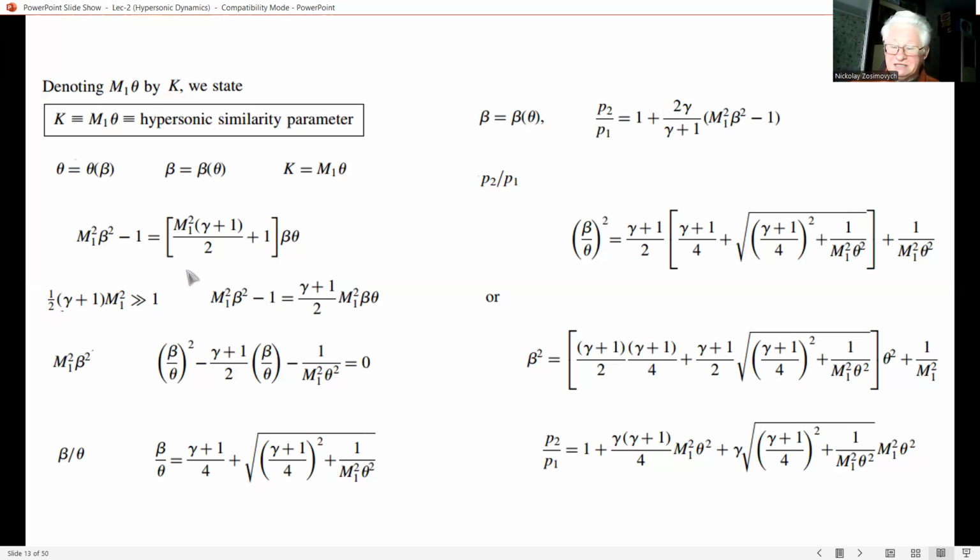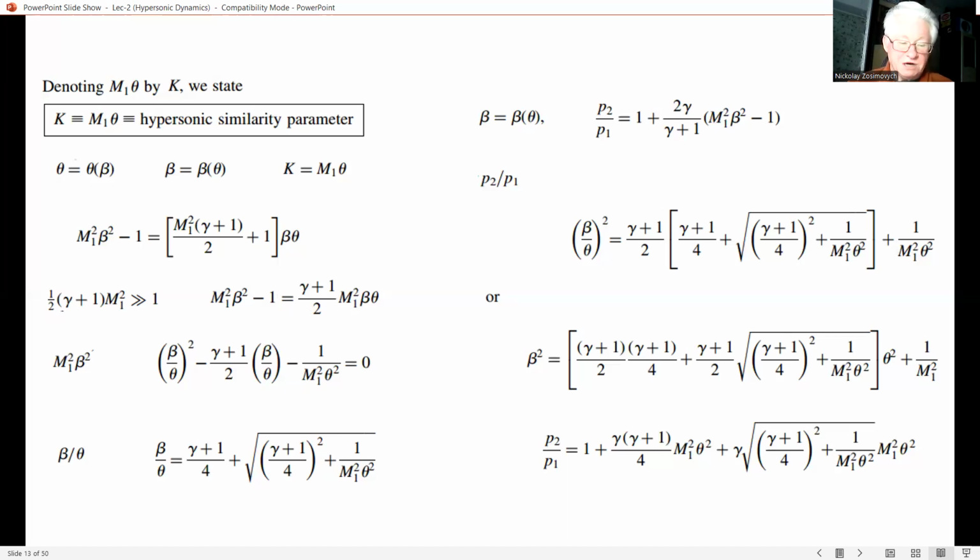With this expression on the left, we may write M1 squared times beta squared minus 1 is proportional to gamma plus 1 over 2 times M1 squared beta theta. And after rearranging, we can set all of that equal to zero.